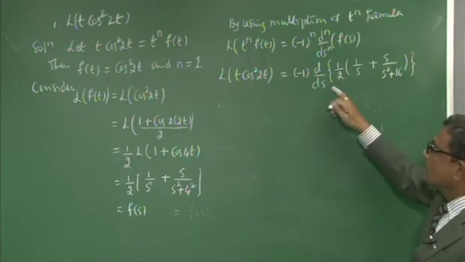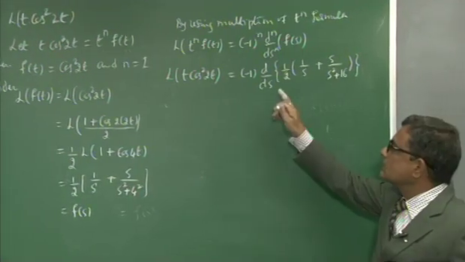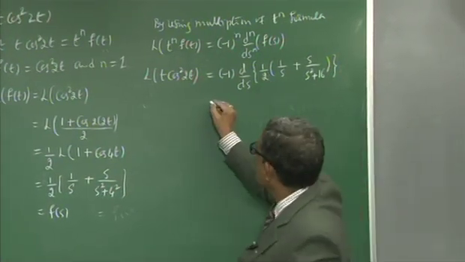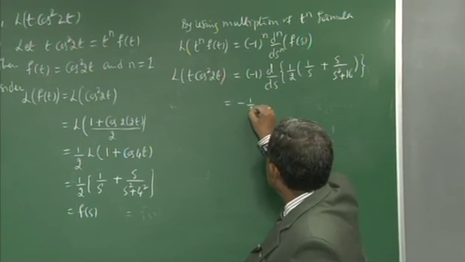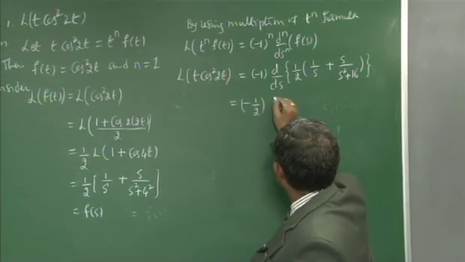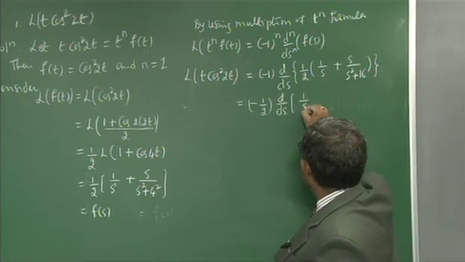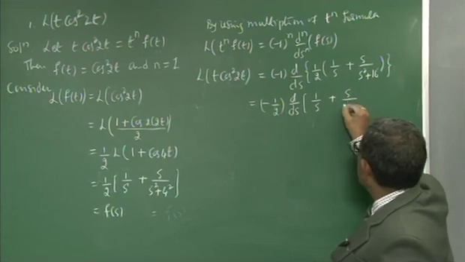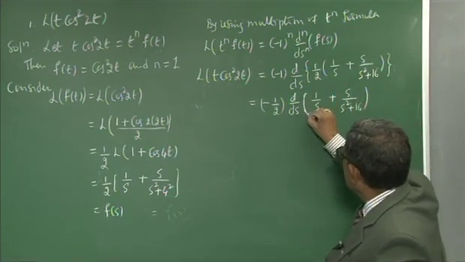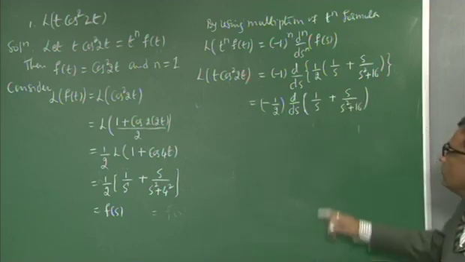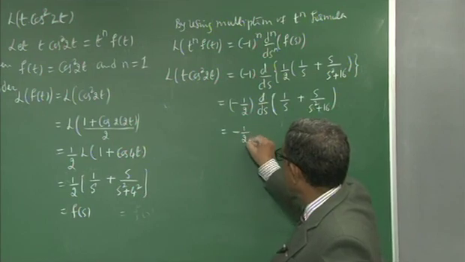Now differentiate with respect to s. 1 by 2 is constant, you can take it outside, it becomes minus 1 by 2, d by ds of 1 by s plus s divided by s square plus 16. Now differentiate with respect to s. Now simplify, minus 1 by 2.